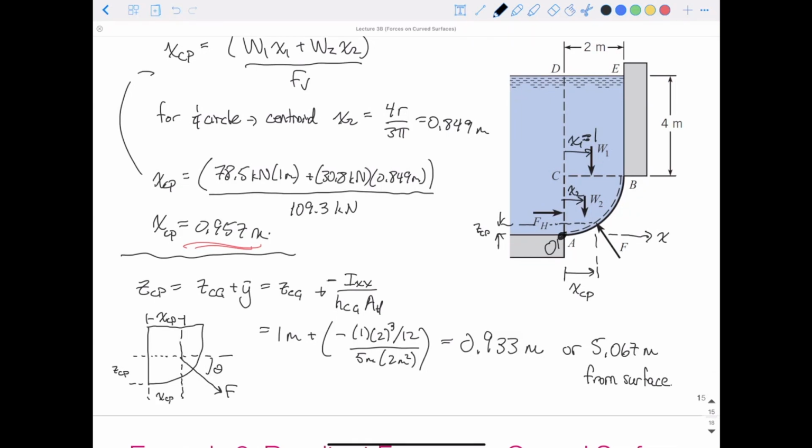Draw it this way. So that's where everything would be. And like I just said, it doesn't actually have to be acting right at that point. This force is drawn as the force the fluid exerts on the barrier. So the force we actually solved for is the force of the barrier acting on the fluid, so I should draw that arrow the other direction. So that's what our problem looks like. That's what we just solved for.